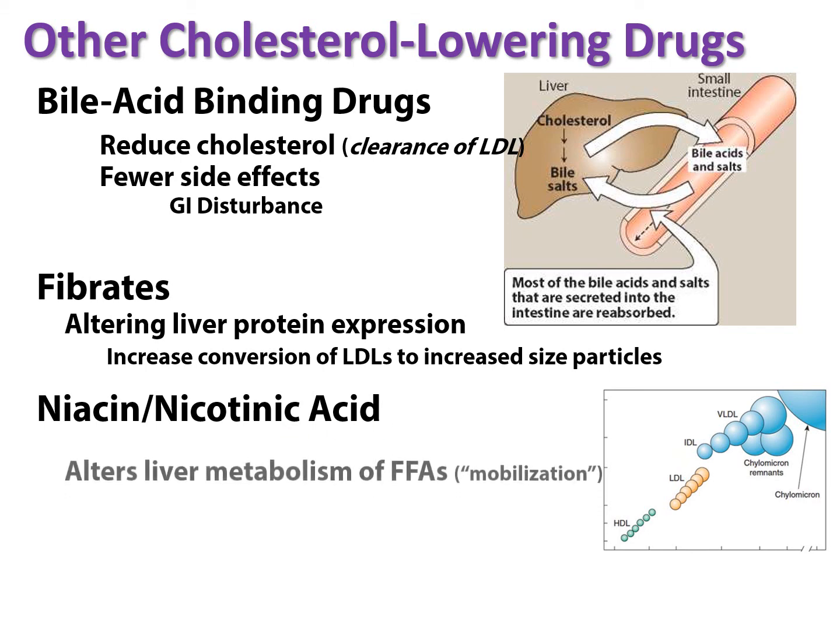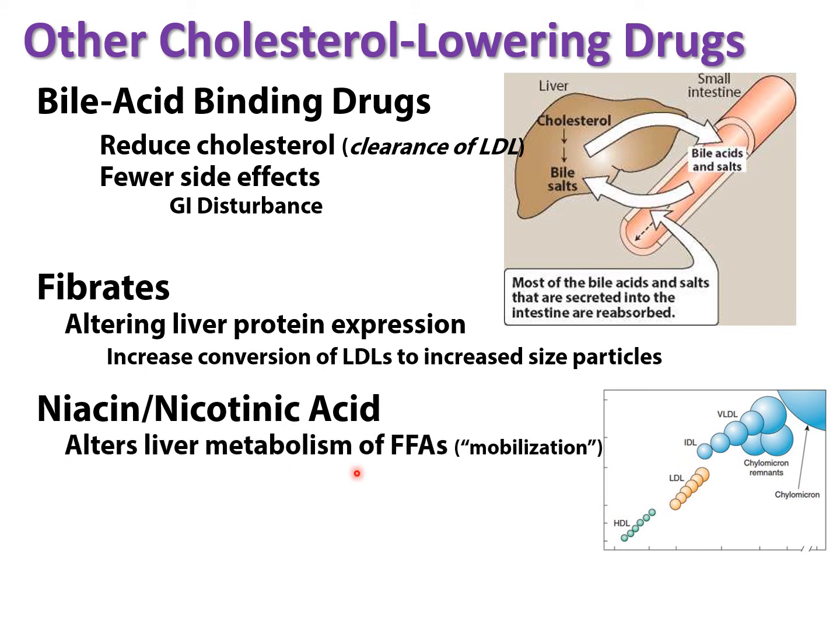Niacin and nicotinic acid, what we're doing here is altering the metabolism of free fatty acids. That is mobilizing fats from fat tissue. It alters that rate. It's slowing it down, so you can't mobilize fats to the bloodstream as quickly.